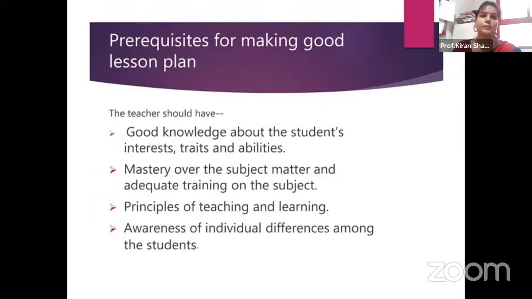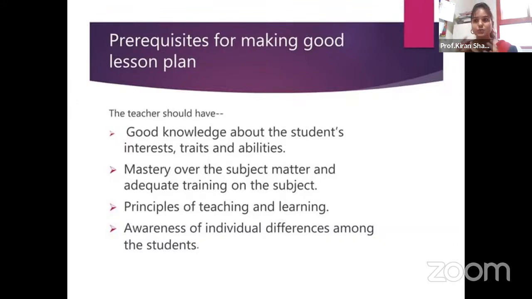Now comes the prerequisites for making good lesson plans. So what are the prerequisites for making a good lesson plan? Definitely, for making a good lesson plan, the teacher should have good knowledge about that particular topic. The teacher should have knowledge about the students' interests, traits, and abilities.